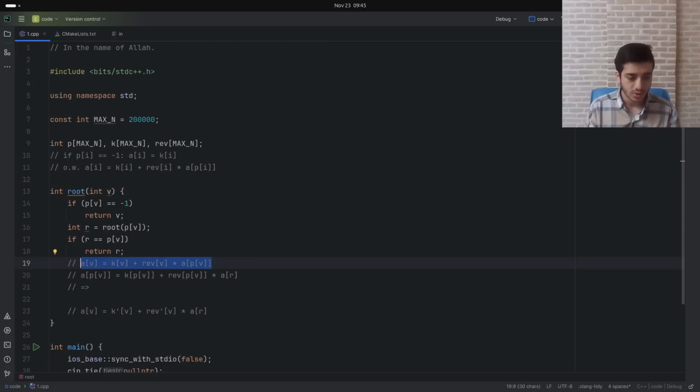So A of V is equal to this and like this.